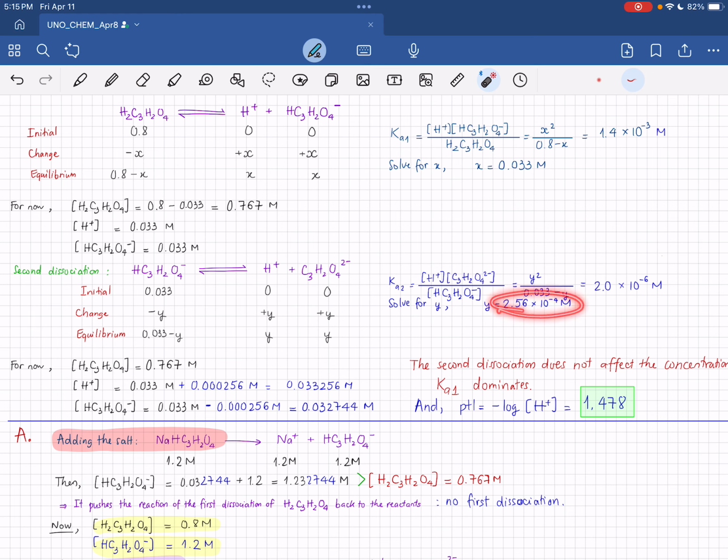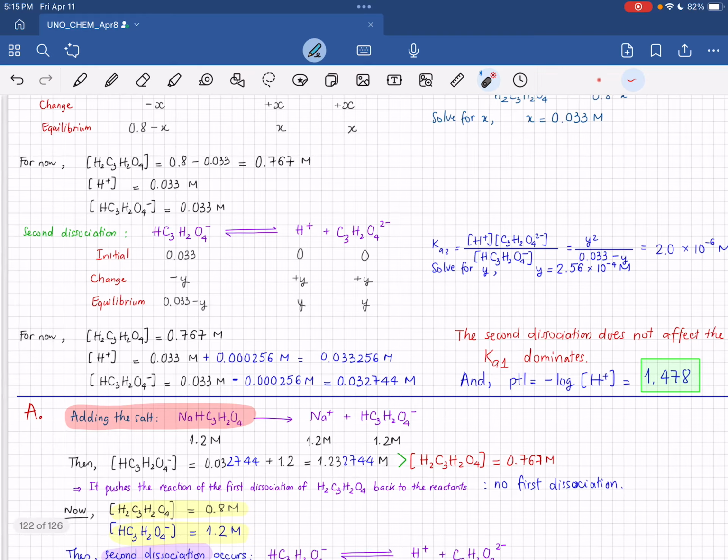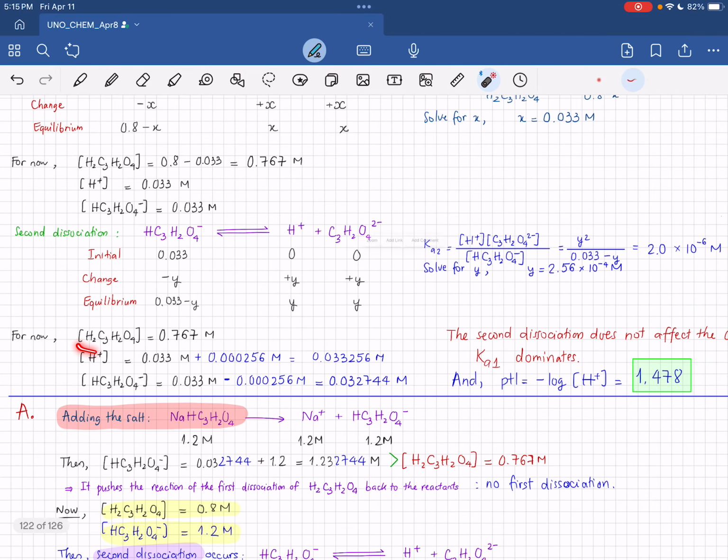Okay, so after the two dissociations, we can see that the concentration of the acid has dropped, right? Because an amount of it has been dissociated into this one. And then we also see the concentration of the hydrogen ion can be obtained from the two dissociations. So this will be the amount from the first dissociation, and this is from the second dissociation, which is really small compared to the first one.